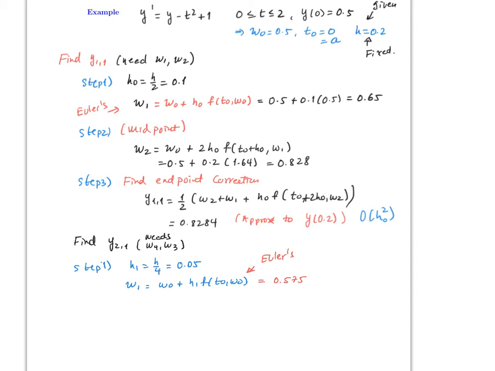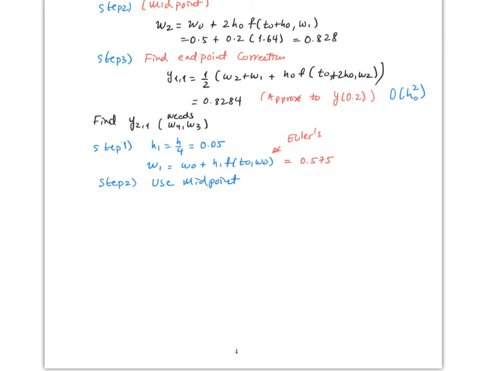Then for step 2, you're going to use the midpoint to find W2, W3, W4. Remember W2 is going to be equal to W0 plus 2h1 f(t0 plus h1, W1), and once you plug in all the values, this is 0.65725.